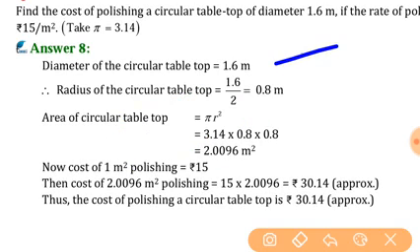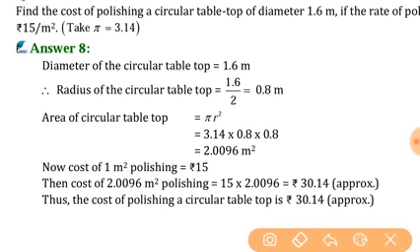So the diameter of the circular table is 1.6 meter, the radius is 0.8 meter. Polishing means we have to find the area. Pi r square means 3.14 into 0.8 into 0.8. If you simplify, you'll get 2.0096 meter square, or you can use only 2 here, approximately.